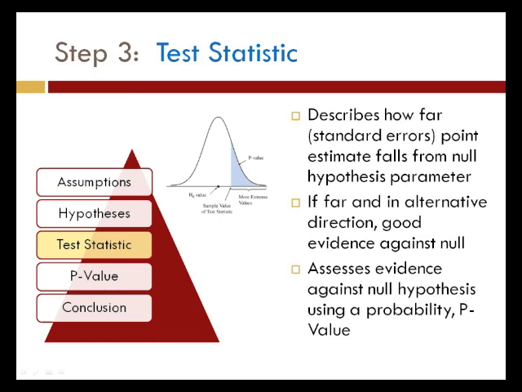So we will actually assume that the null is true here. So let's suppose our alternative was that p is greater than 0, and then our null would be p equals 0.